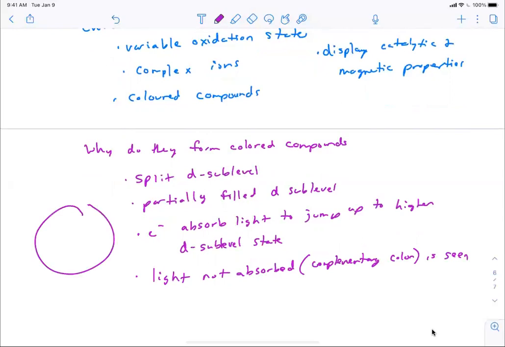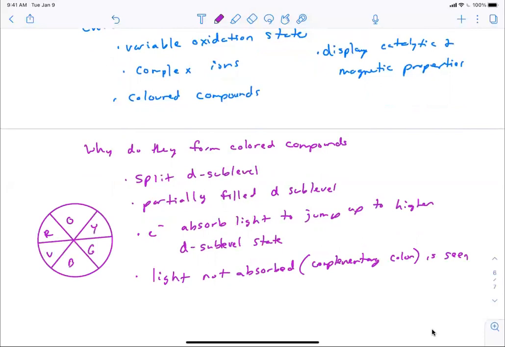So Roy G. Biv helps us figure out what the complementary colors are by looking at colors opposite each other. This only works with the split d sublevel because it splits just enough that the energy transition is visible light, which is why they create colored compounds like that.